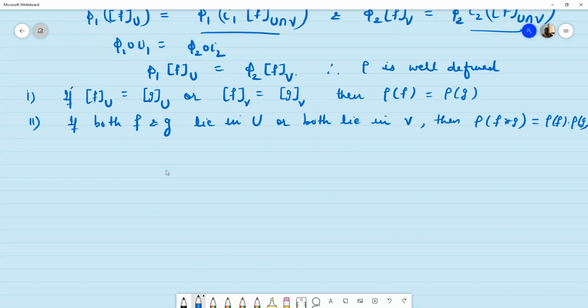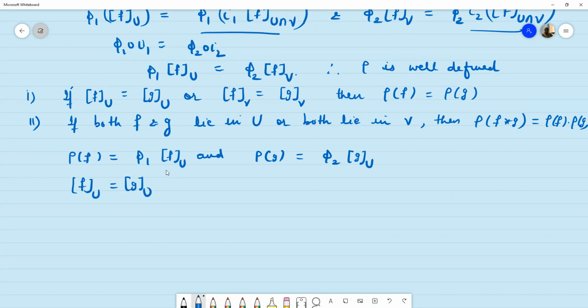Now, the first of these conditions holds by definition, because if the homotopy class of F and the homotopy class of G are the same, then rho F by definition, firstly we suppose that they lie in U, then rho F is defined by phi1 of Fu, and rho of G is defined by phi2 of Gu. And we are saying that Fu and Gu are the same.